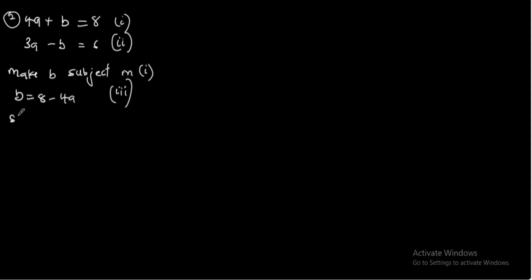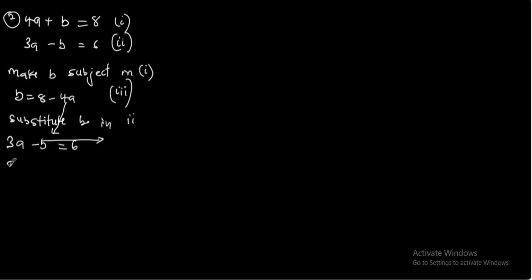So equation 2 says 3a minus b equals 6. So b is 8 minus 4a.